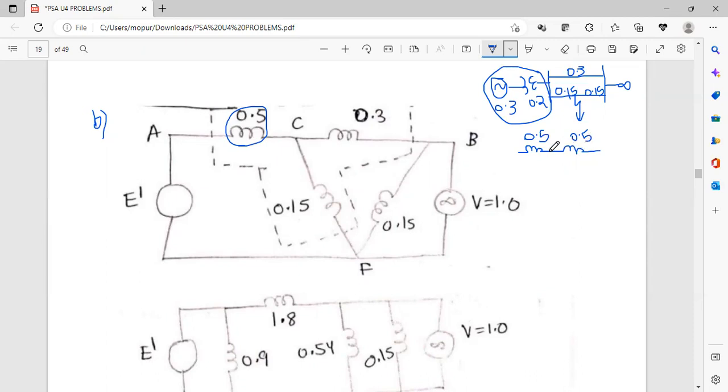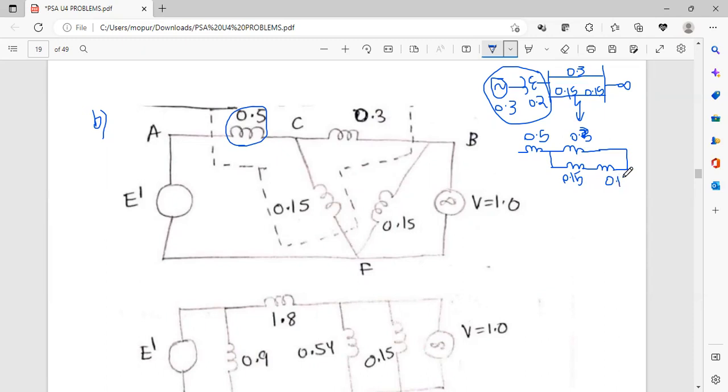And here, sorry, this is 0.3. Here we had 0.15. This is 0.15. And this is also 0.15.